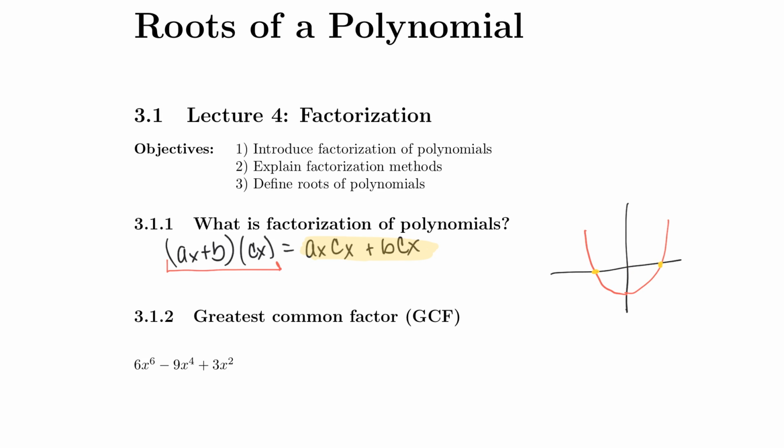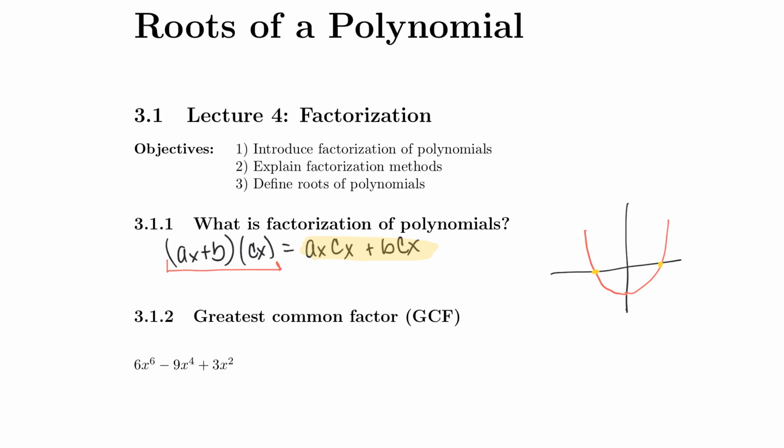So that is basically what factorization of a polynomial is. It's just breaking apart a polynomial into simpler terms, and also it sometimes helps to find the zeros of the polynomial or the function.